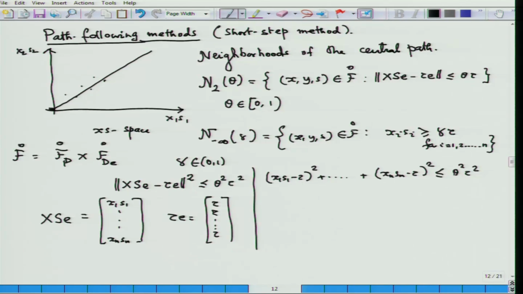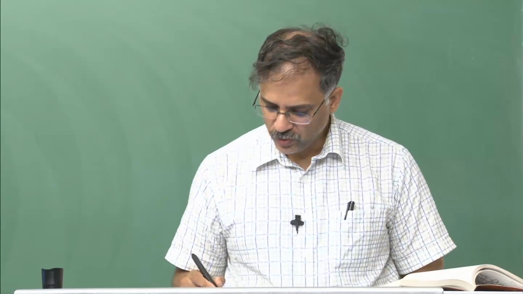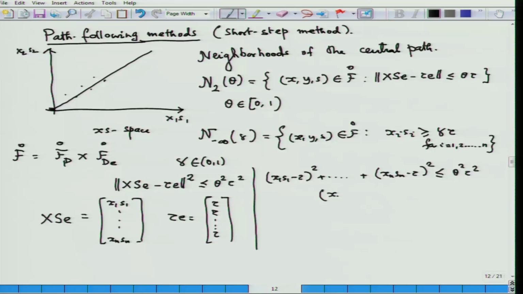Now, each of them has to be less than this quantity, because these are all non-negative quantities, a positive quantity is adding up to a quantity which is less than a positive quantity. So, each of them must be less. So, what I am having is xi si minus tau is less than theta square by theta square into tau square.